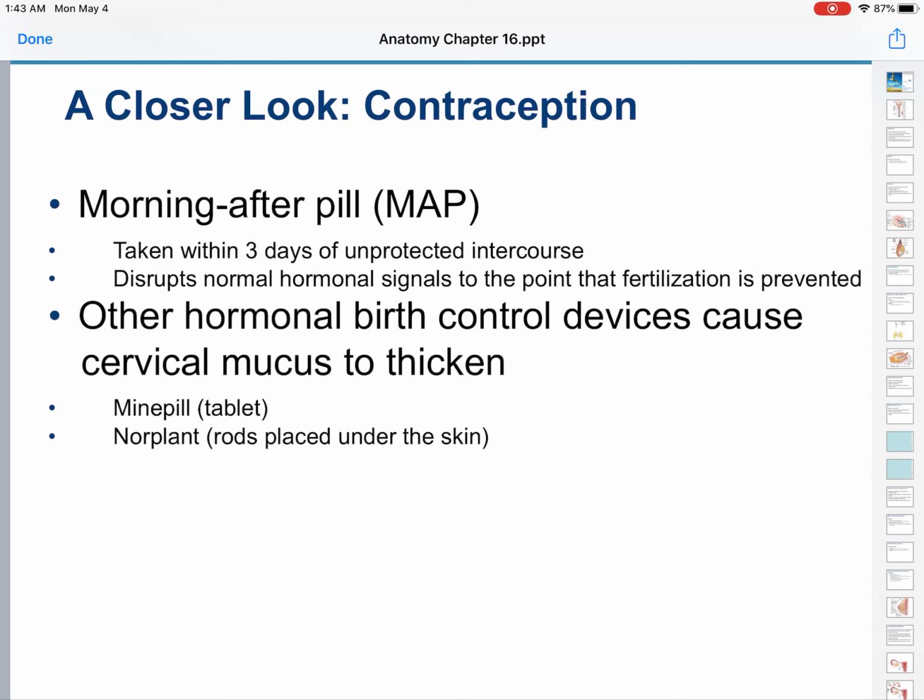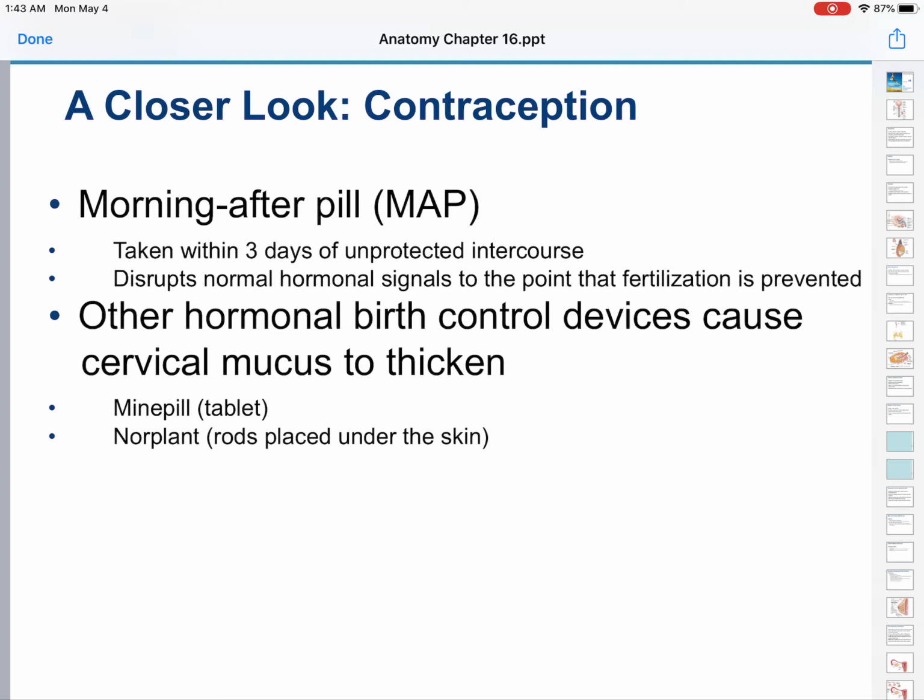You also then have the morning after pill, taken within 3 days of unprotected sex. It disrupts normal hormonal signals to the point that fertilization is prevented. Since the sperm are viable for up to 48 hours, it does not have to be taken at the exact moment of sexual intercourse.